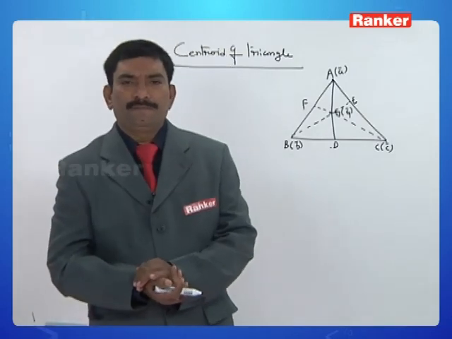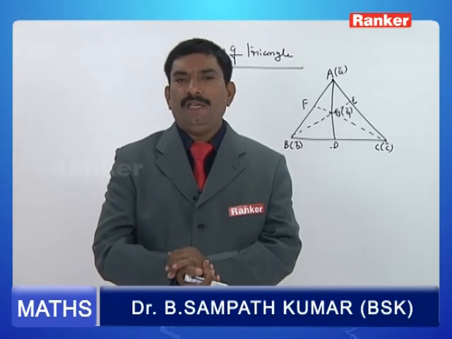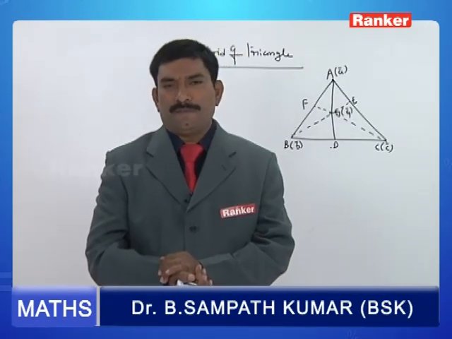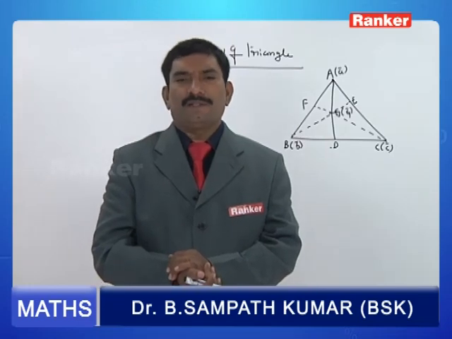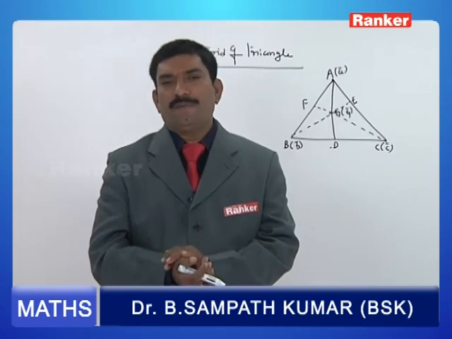Now AD, BE, CF are the medians. The medians always meet the opposite side at a midpoint. They are not perpendicular.